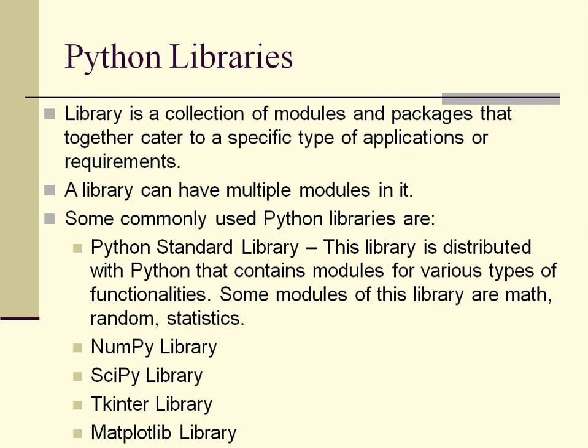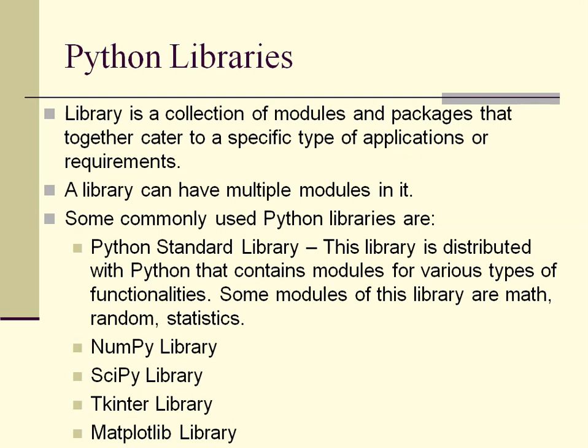Some commonly used Python libraries. The first one is the Python standard library, the libraries that are bundled with the basic installation of Python. This library is distributed with Python and contains modules for various types of functionalities. Some basic requirements that you need in your Python programming are already provided to you with the Python installation.